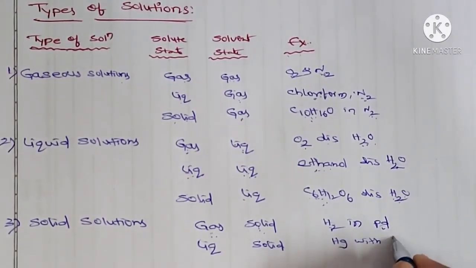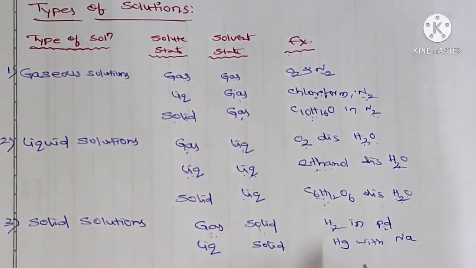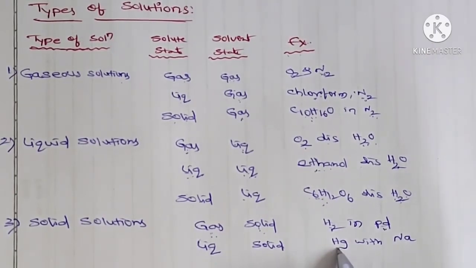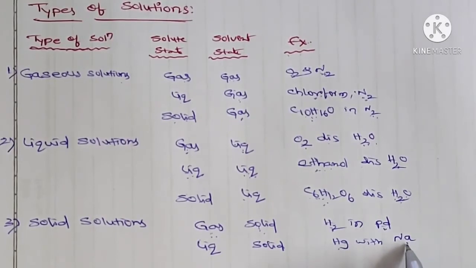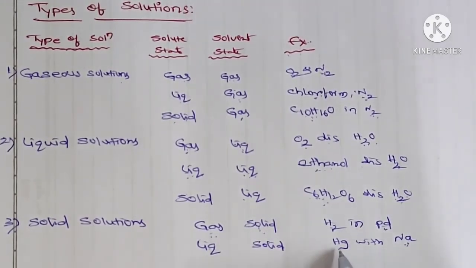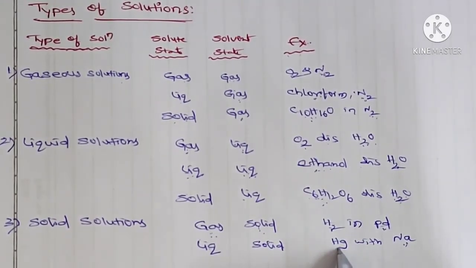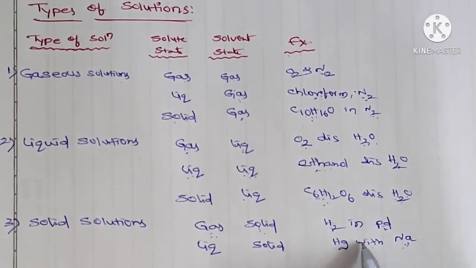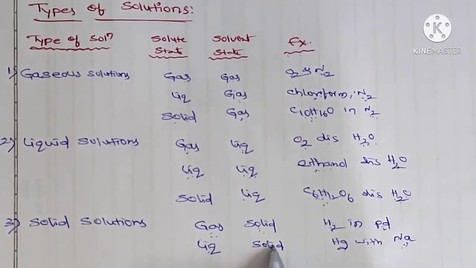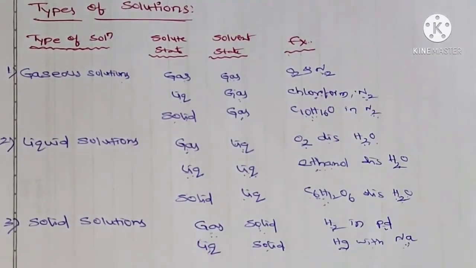Hg is in liquid state and sodium is in solid state. Sodium is a large amount and mercury is a less amount. So sodium is a solvent and mercury is a solute. So amalgam of mercury with sodium is a liquid in solid solution.